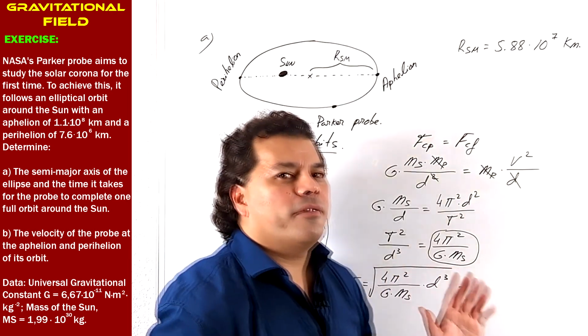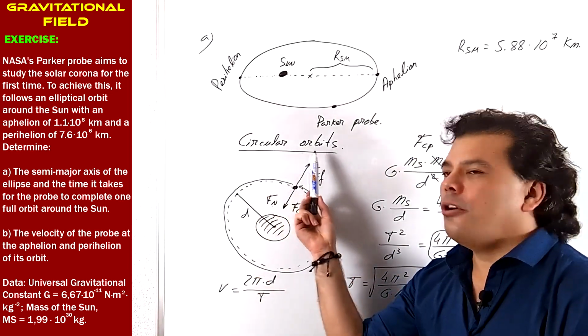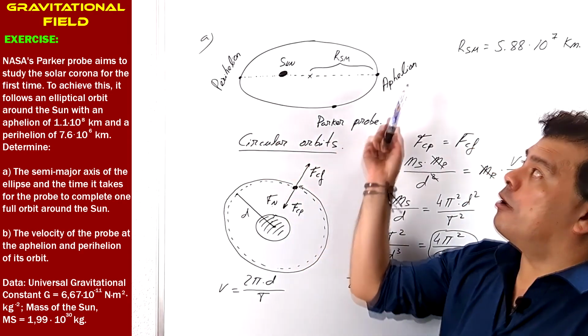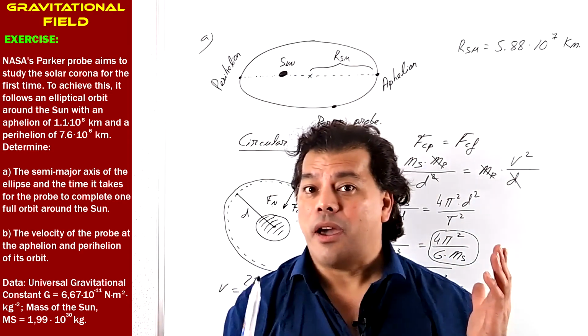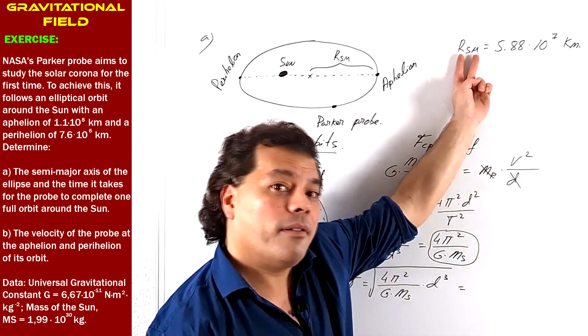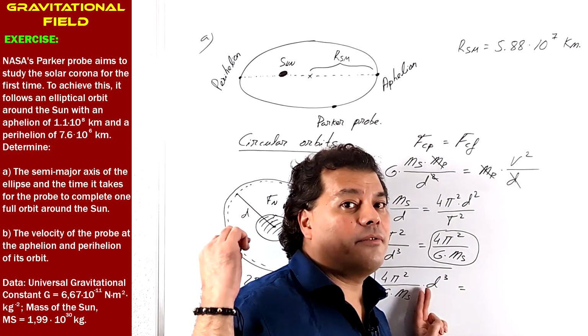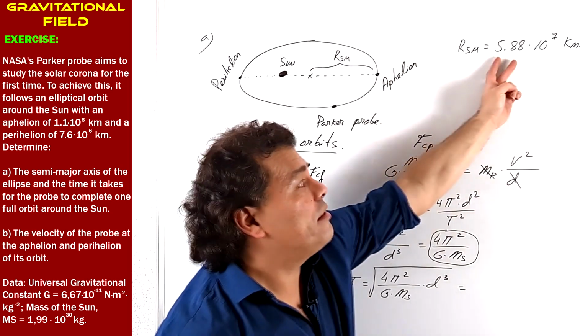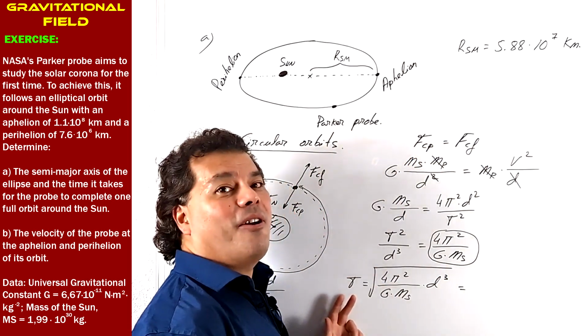But I told you a few minutes ago that these calculations were only for circular orbits, but our orbit is elliptical instead. So the only thing we have to do is to place the semi-major radius here instead of the distance of the orbit. And by using this result here, we will have obtained the period of our probe.